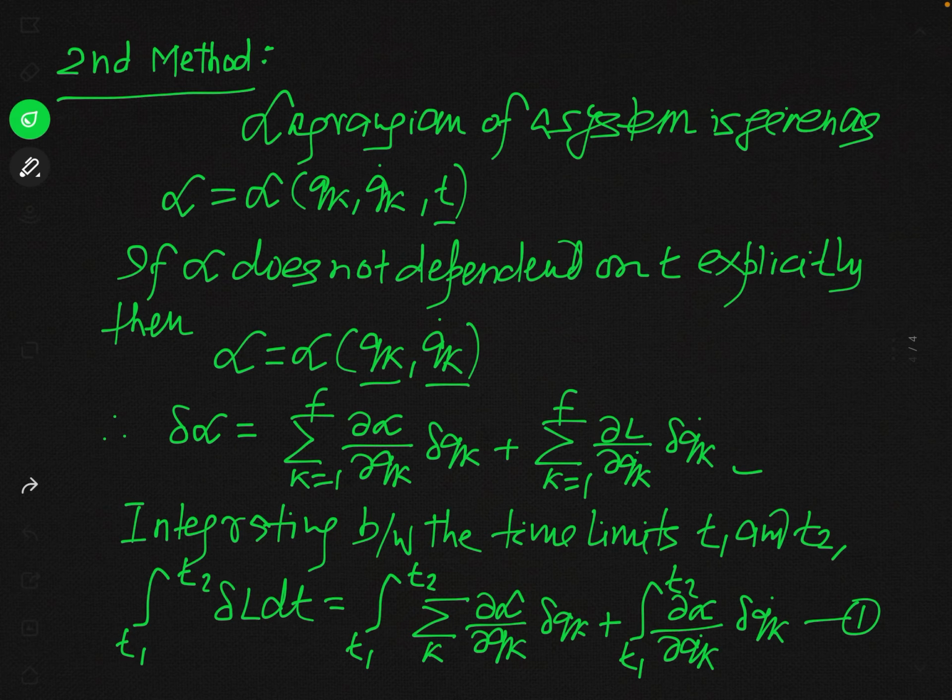Now we know from Hamilton's variational principle that the delta variation of the time integral of Lagrangian is equal to 0.